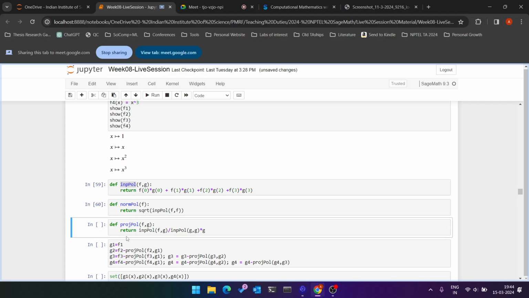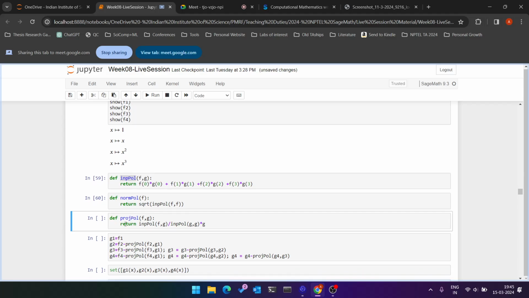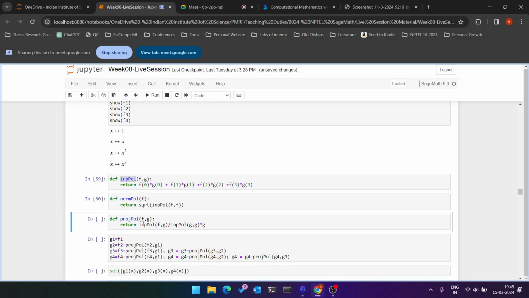Next, I again define the orthogonal projection of polynomial f onto g as the inner product between f and g divided by the inner product between g and g itself, with this whole factor multiplied by the polynomial g.